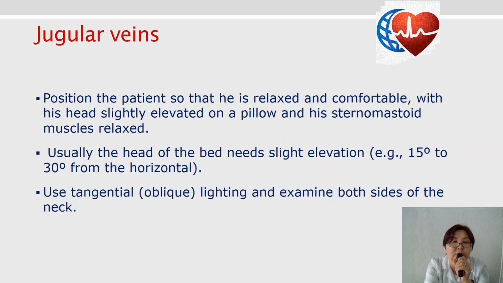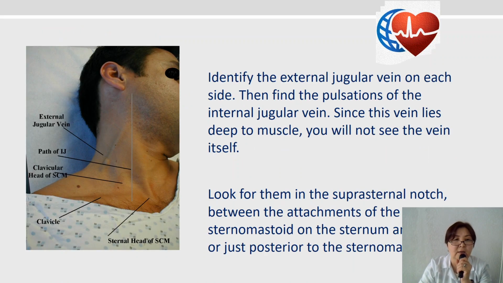Use tangential or oblique lighting and examine both sides of the neck. Identify the external jugular vein on each side. Then find the pulsation of the internal jugular vein.